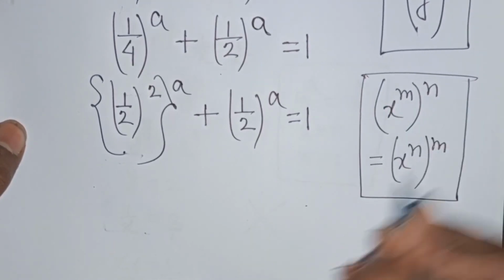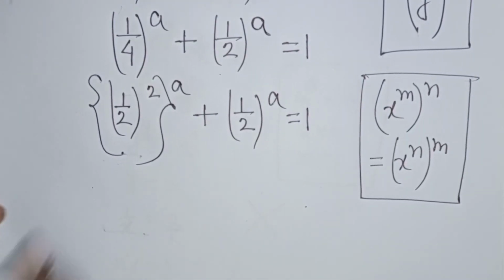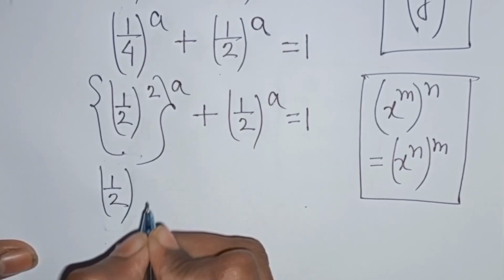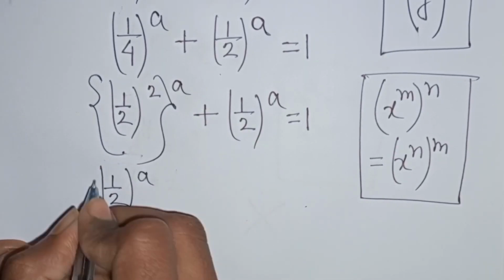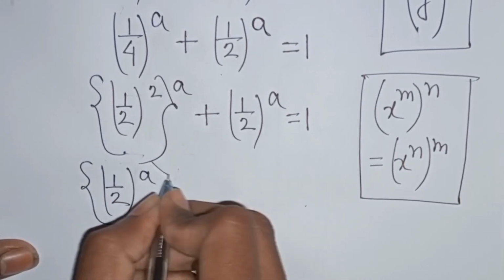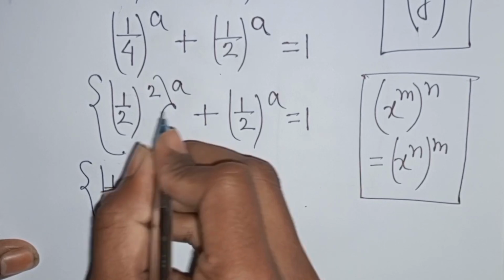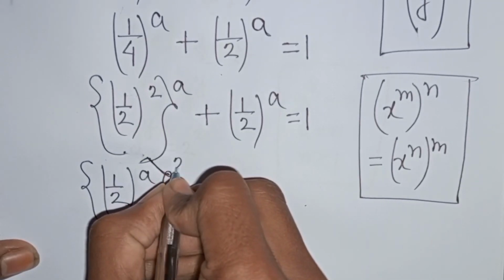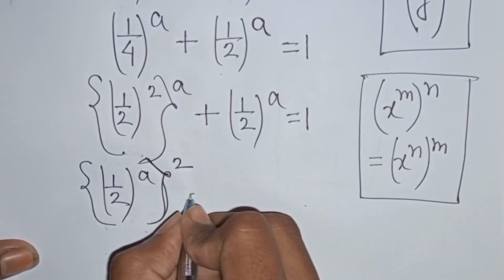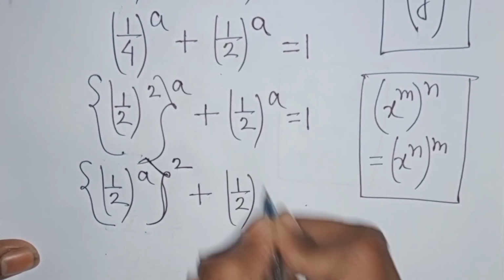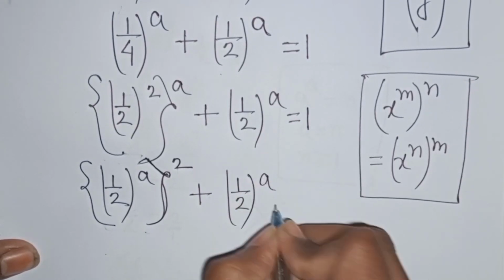So according to this exponential rule, we can write here 1 by 2 bracket power a, then second bracket power of 2, plus 1 by 2 bracket power a is equal to 1.